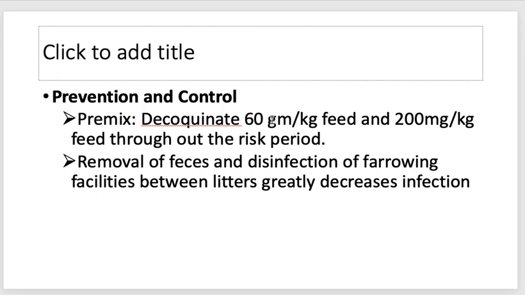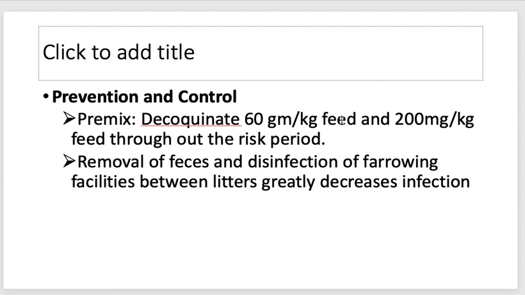Prevention and control. In the premix, you can mix the drug decoquinate in the feed that the animal is going to eat, at 200 milligrams per kilogram in the feed throughout the risk period. So you use decoquinate as a preventive therapy, and you pre-mix it with feed.